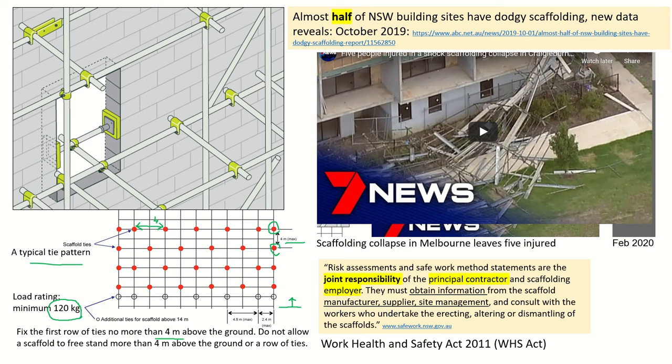So the risk assessment and risk control, or risk management, the whole process is a joint responsibility of the main contractor and the scaffolding employer who is going to do the entire process of scaffolding, erecting and dismantling. And the people who are using the scaffolds need to collect reliable information from the designer and the vendor.